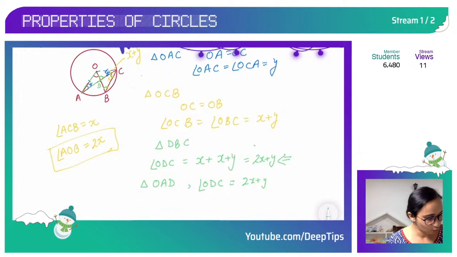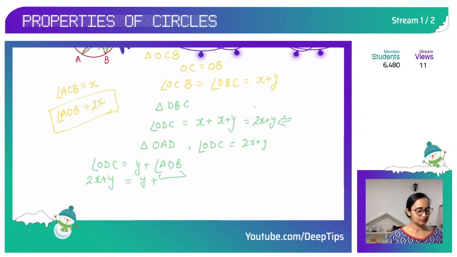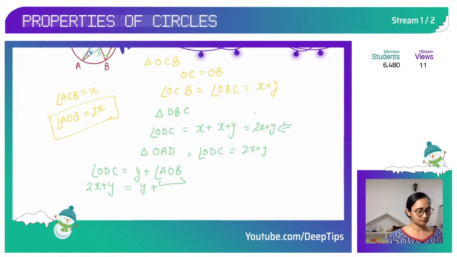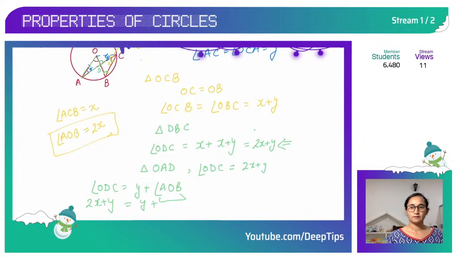So the sum of the opposite angles for angle ODC is Y plus angle AOD, or AOB, correct? And we know that ODC is 2X plus Y and one of the angles is Y, so to make the equation equal, AOB will be 2X. That's how we reach here.